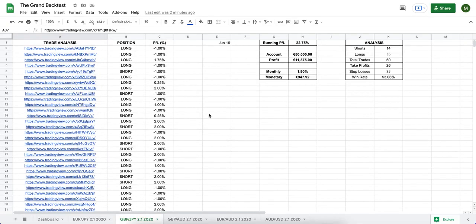So that's why I stopped wasting my time backtesting when I see that the market is just not on point. So within the 6 months, pretty much, we made 22.75%.